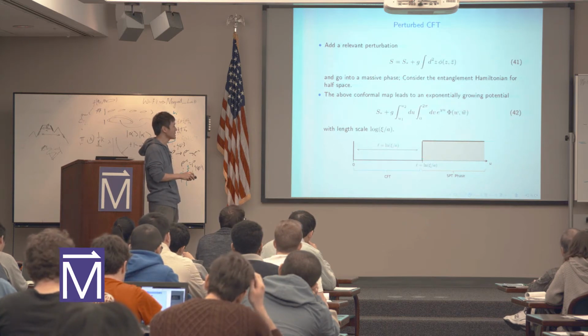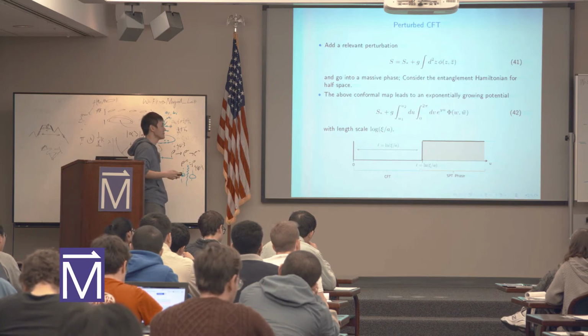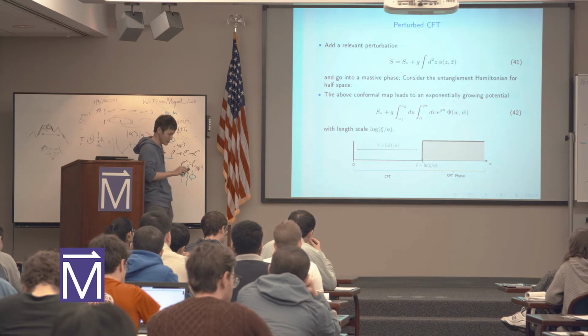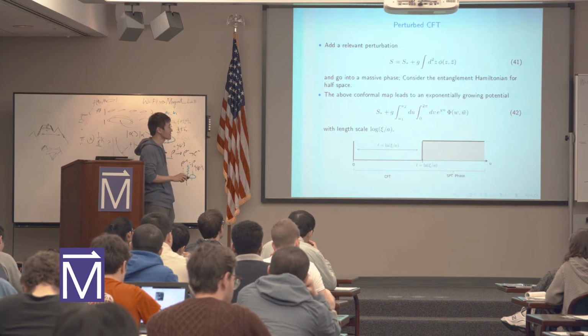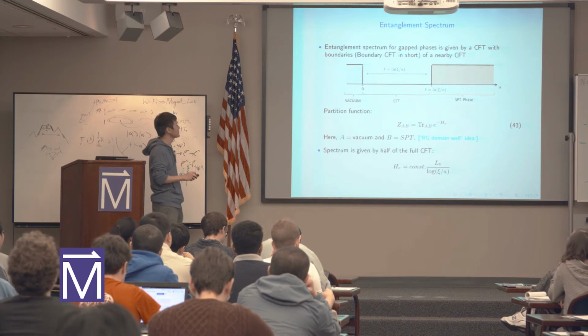But the length is not the length of the original system, but the length is just set by this correlation length scaling. Okay. So there are two boundaries.